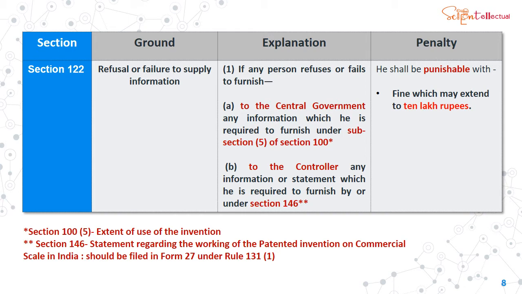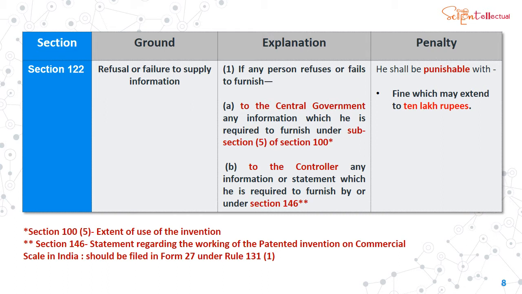In section 100, subsection 5, there is an explanation of extent of use of invention, and the central government may ask the applicant to furnish some documents. If he fails to do so, then he will be punishable.